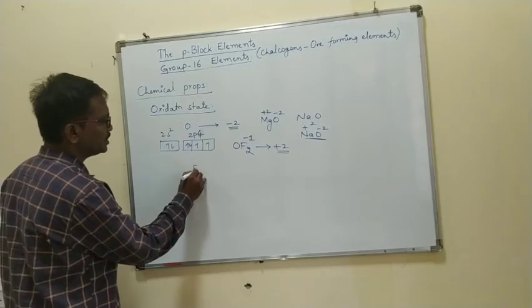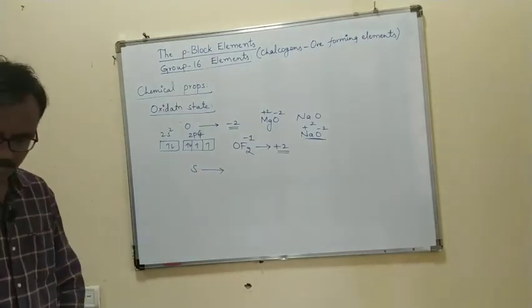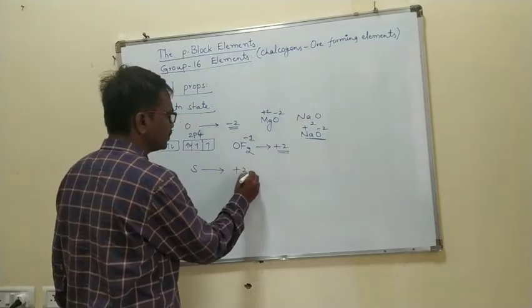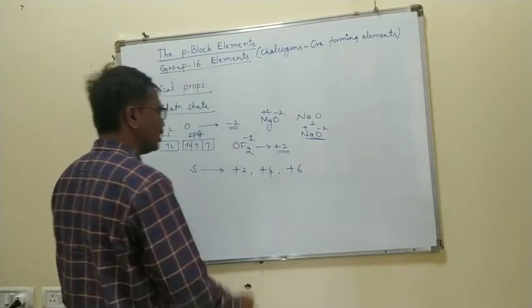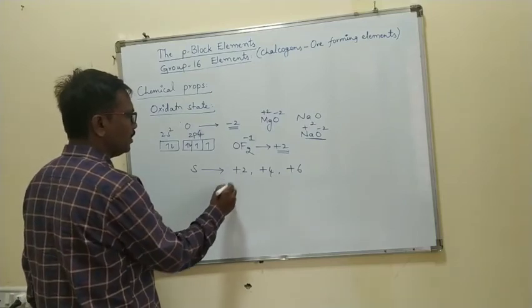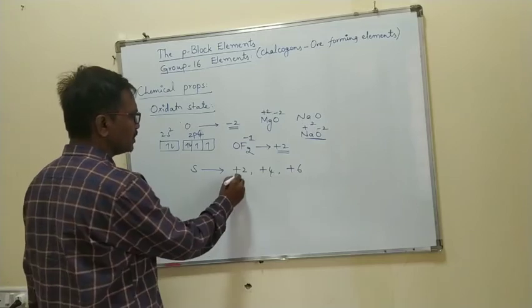In the case of sulfur, it shows different oxidation states: +2, +4, +6. They have given some examples for this.